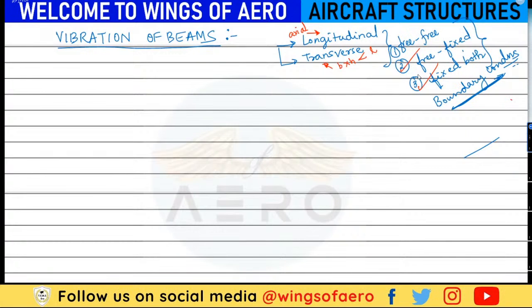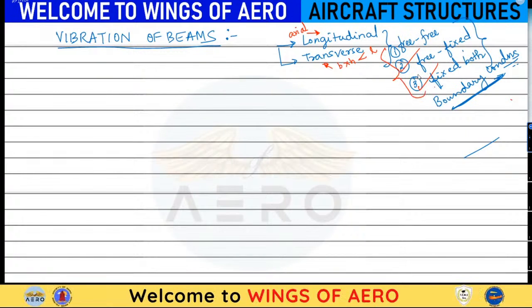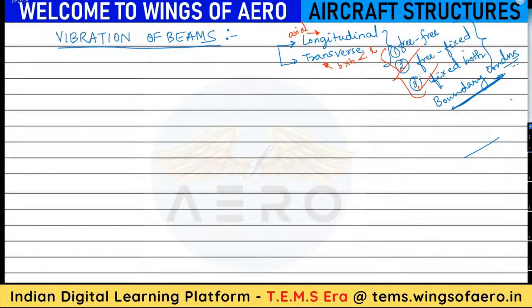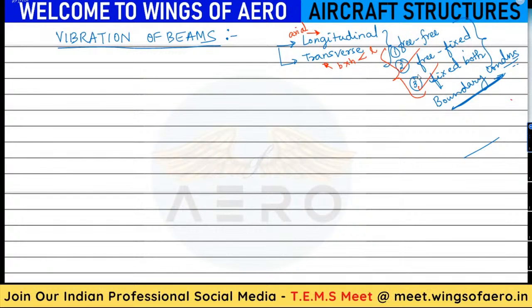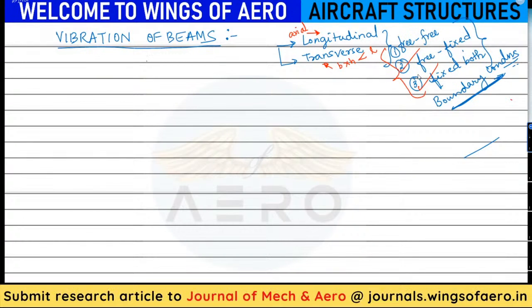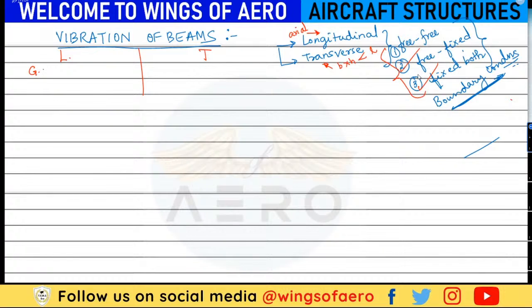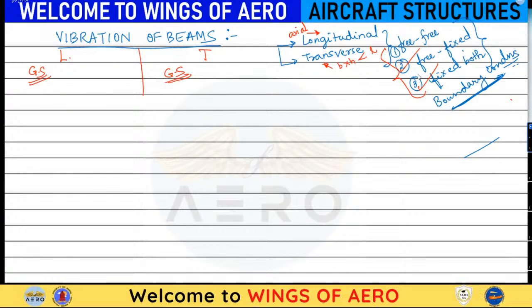Each of these three different categories will have its individual boundary conditions. So we need to apply those boundary conditions to a general solution of those beams. As I've said, there are two categories of vibration, longitudinal and transverse, and both have their own individual general solution.